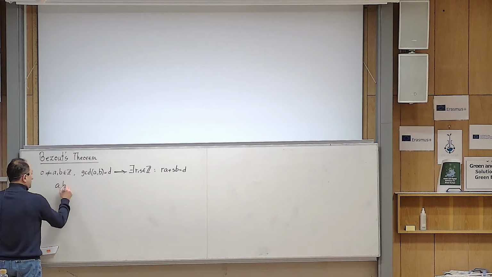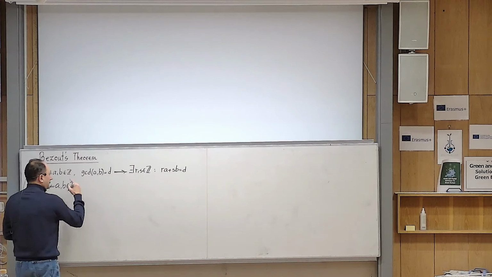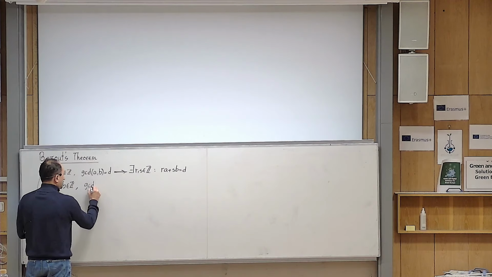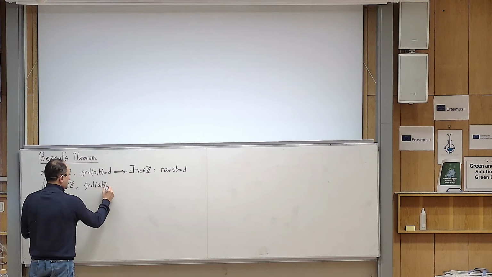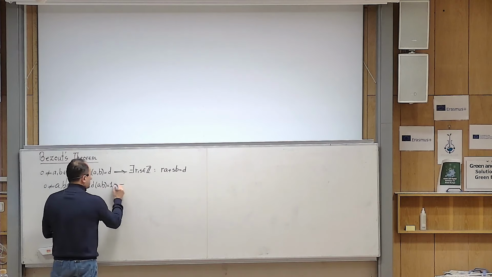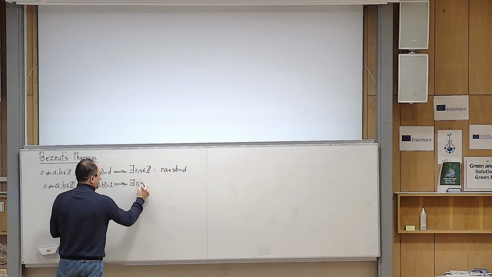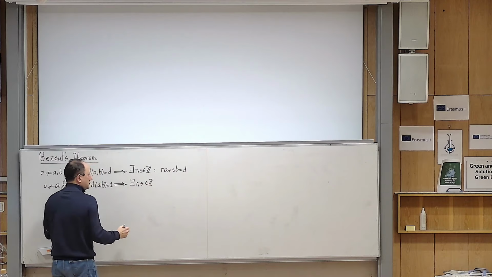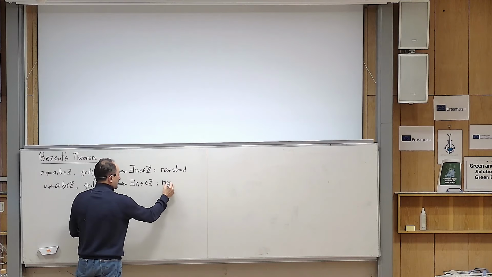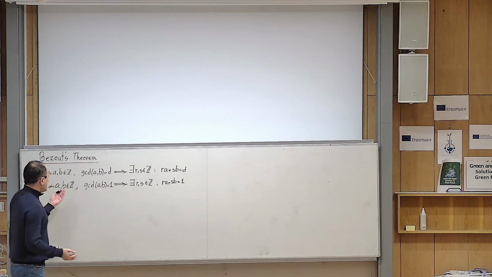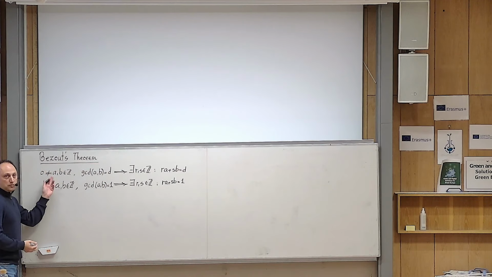If I have two integers, both non-zero, and if these integers are relatively prime, meaning that GCD of those numbers is equal to 1, then of course I am sure that integers r and s exist such that ra plus sb is equal to 1. So this is the special case of the more general Bezout's theorem.